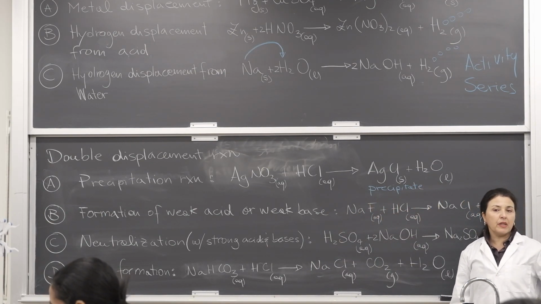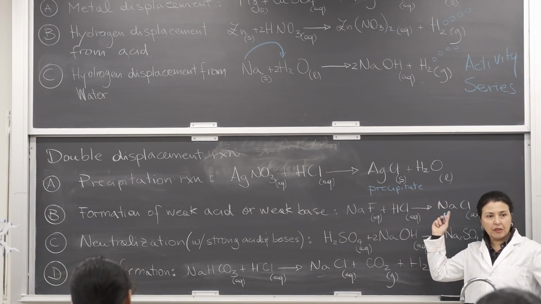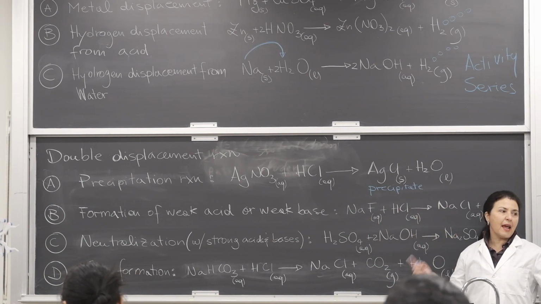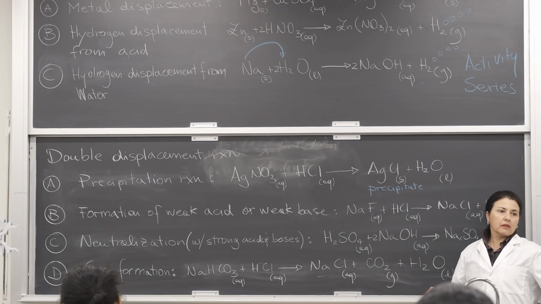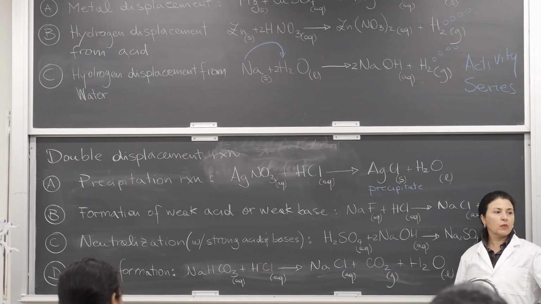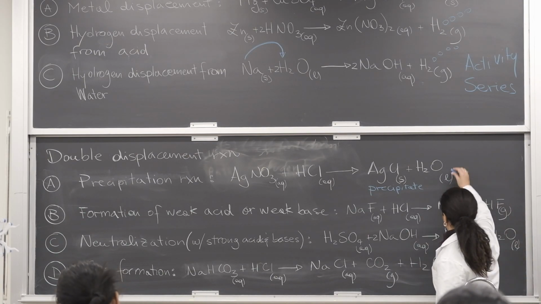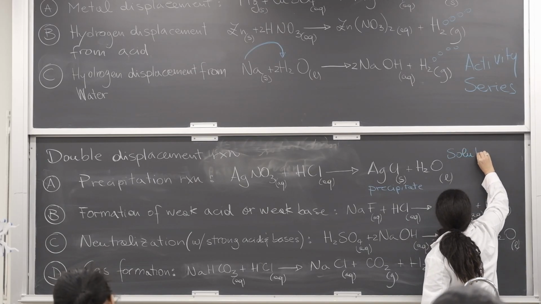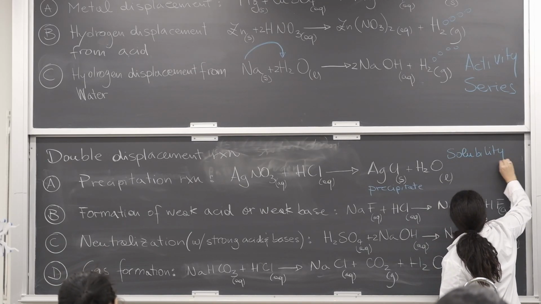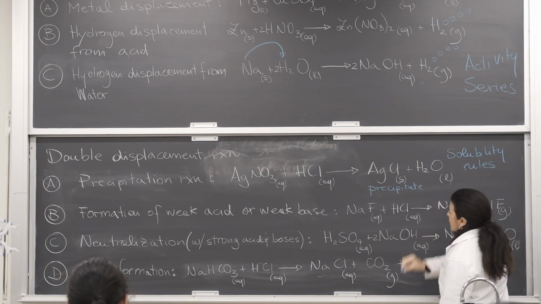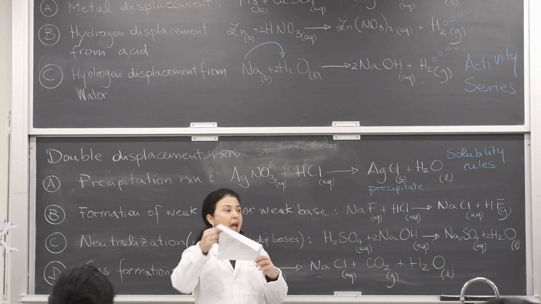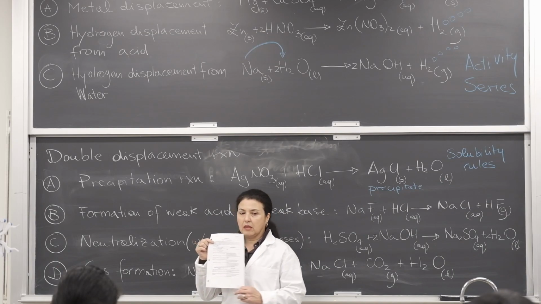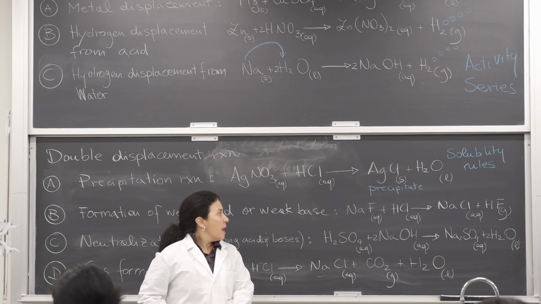For this reaction, we need to know how to write the molecular reaction, the ionic reaction, and the net ionic reaction. How do we predict what is the precipitate when we're performing a reaction? What do we use? The solubility rules. So the solubility rules are appendix A, okay, in your handouts.